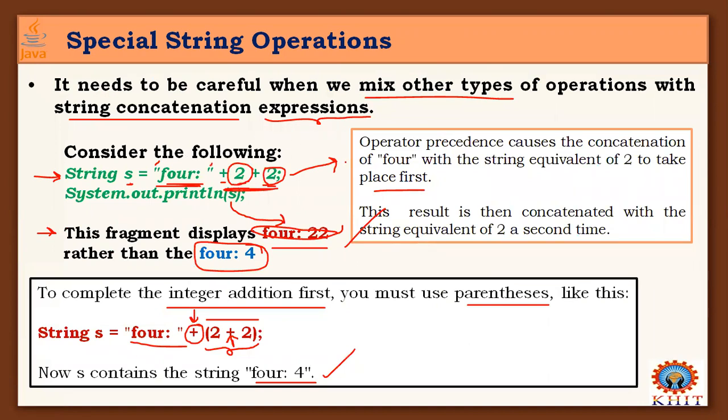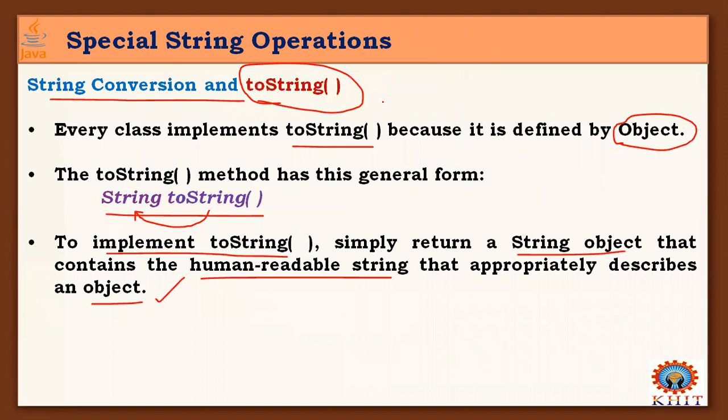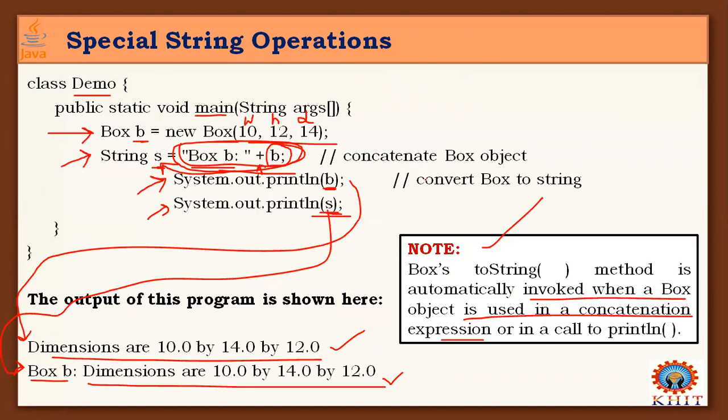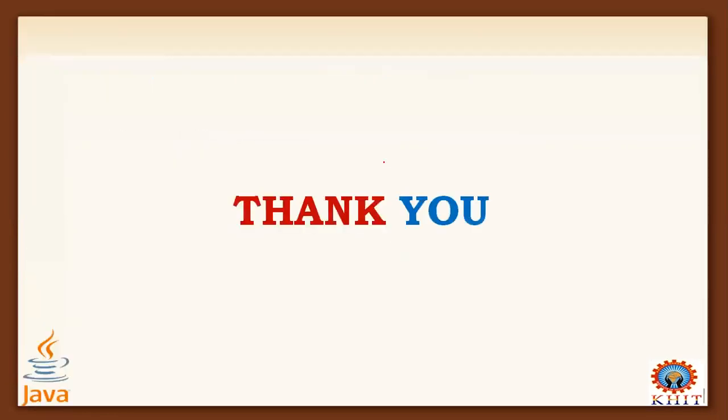And the toString method is invoked when an object is used to concatenate strings. That is the example we have taken here. Remember this point. Thank you.